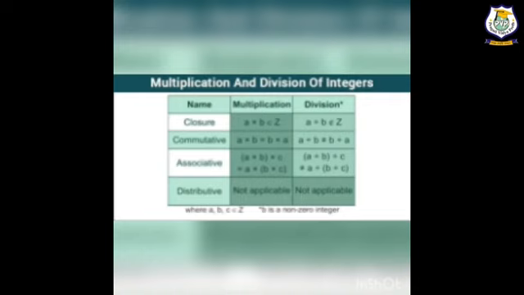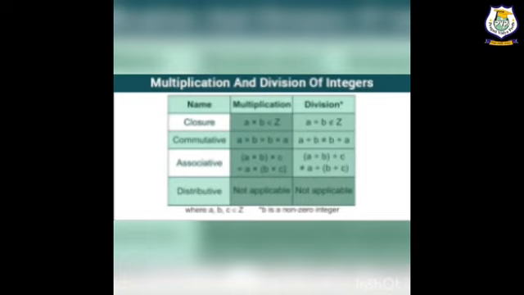Next, commutative property. For multiplication, a into b is equal to b into a. For division, a divided by b does not equal b divided by a. It means commutative property exists only for multiplication.